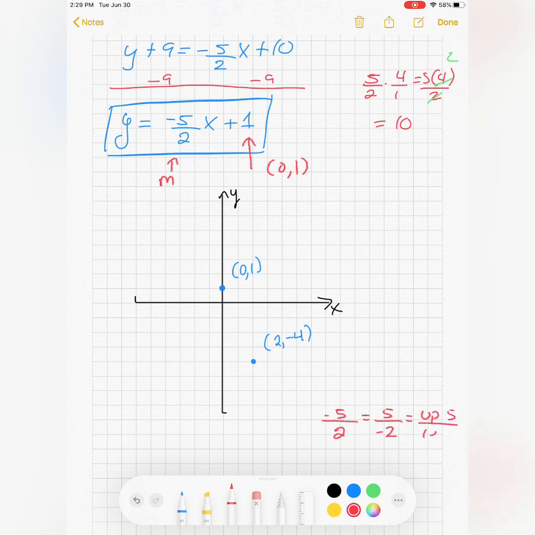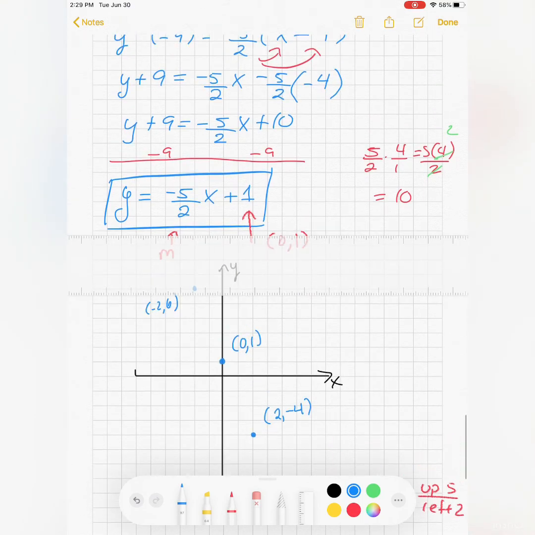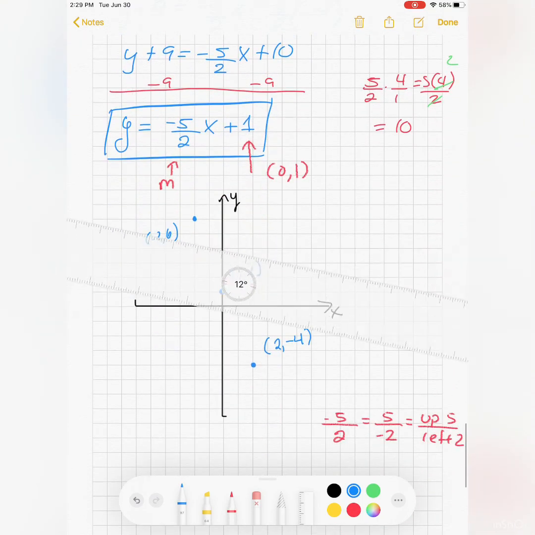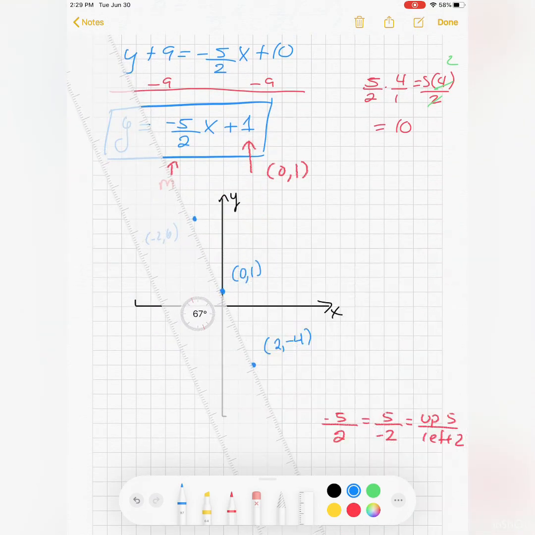That'd be up 5, left 2. 1, 2, 3, 4, 5, left 2. Okay, and then let's fill that in.